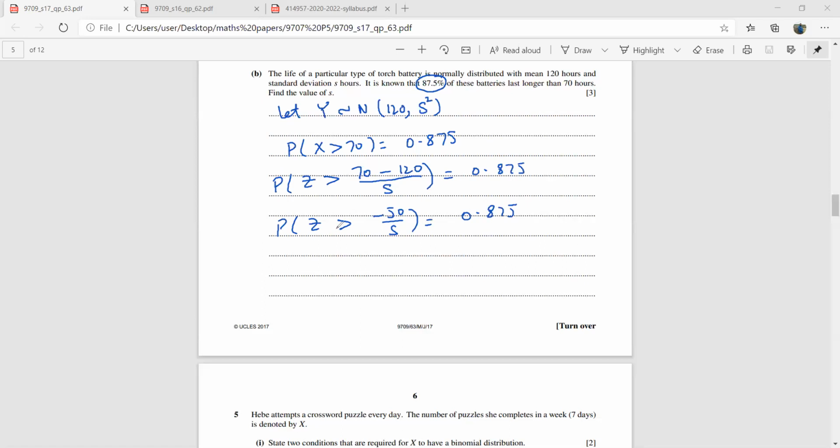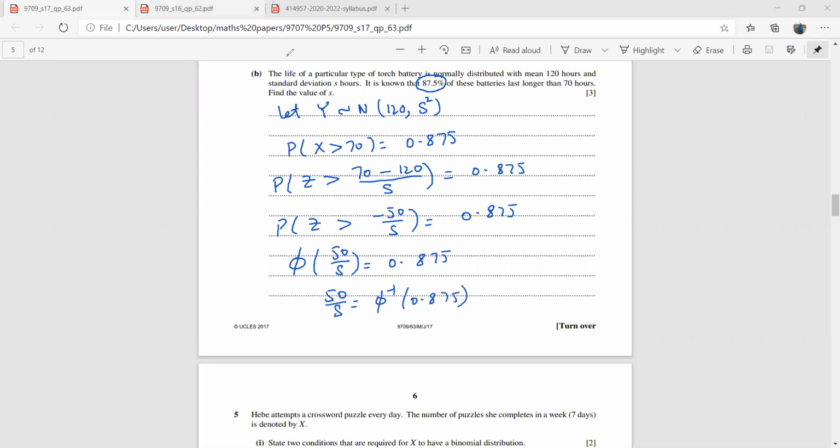There is this minus, and this is already more than 0.5, so we are happy. I can simply change this to phi of 50 over s, that is 0.875. So 50 over s is going to be phi inverse of 0.875.